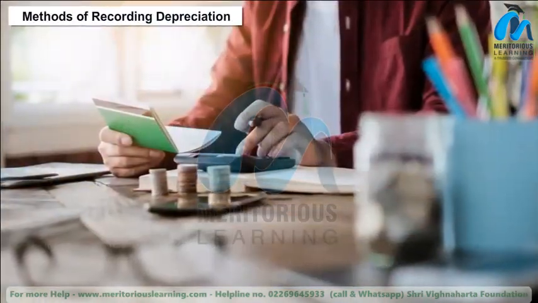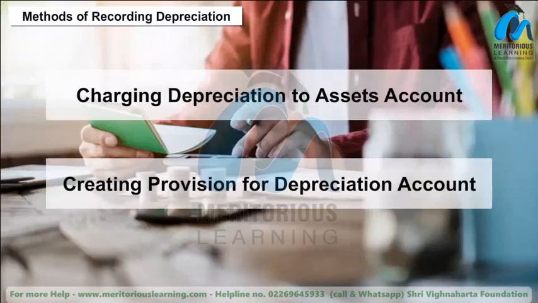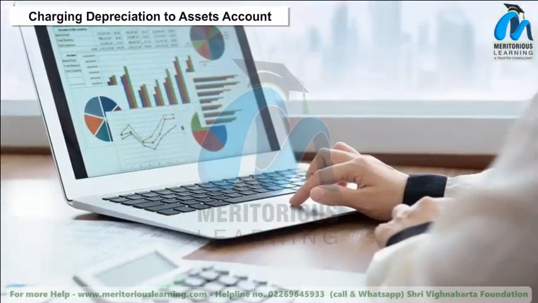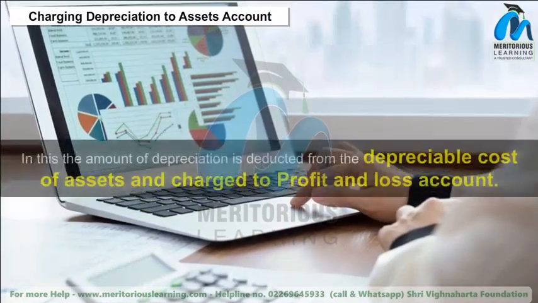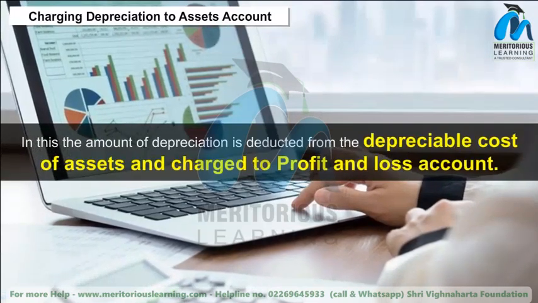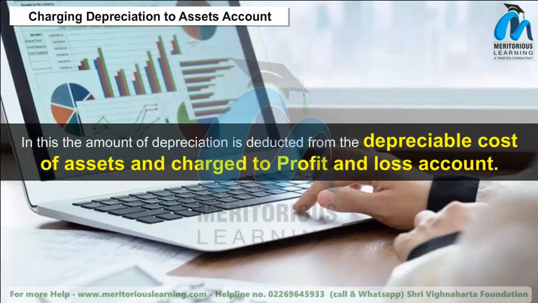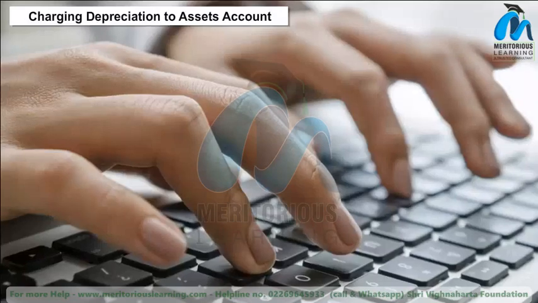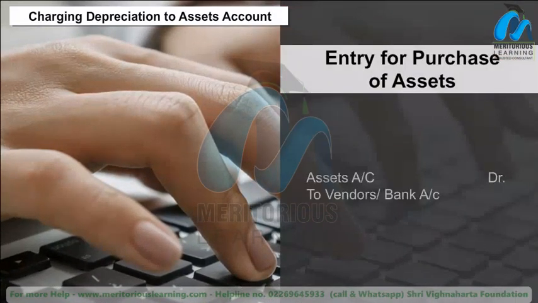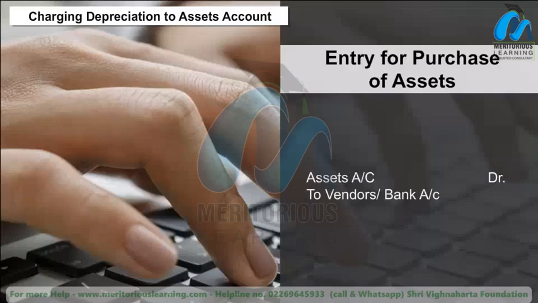Methods of recording depreciation. There are two types of methods to record depreciation transactions. Charging depreciation to asset account. In this, the amount of depreciation is deducted from the depreciable cost of assets and charged to profit and loss account. The entries in the journal would be: entry for purchase of assets, assets account debit to vendors or bank account.